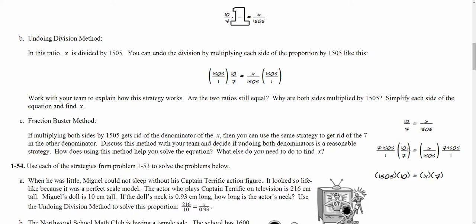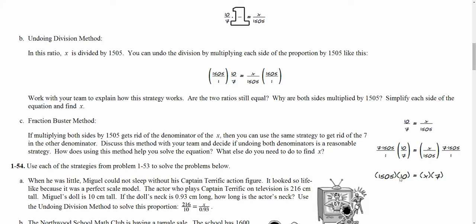So here I've got a 7, and I've got a 1,505. I'm going to multiply both sides by 7 times 1,505. I do that to both sides. Here the 7s go away. Here the 1,505s go away. I'm left with 1,505 times 10 is equal to 7x.